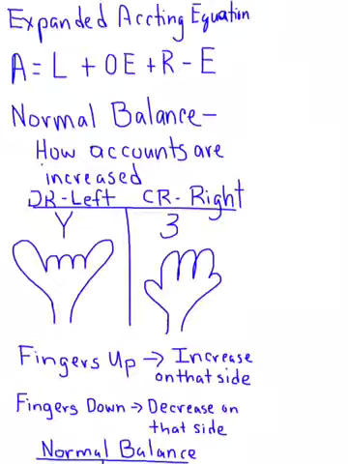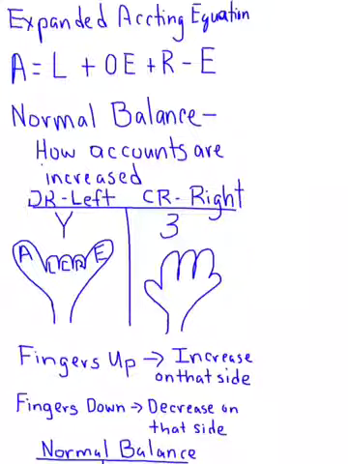So for the debit side, the assets and your expenses, those fingers are up, so those would increase with a debit on that left side. Your liability, your capital account, and your revenue account will decrease. Those fingers are down on that left side.